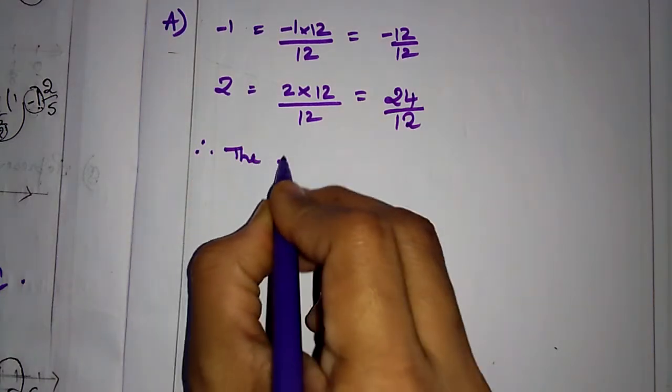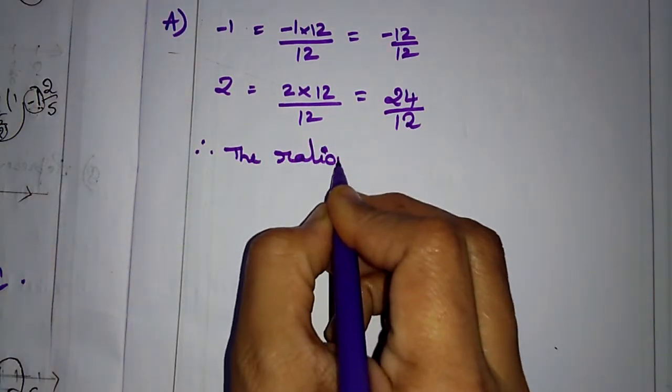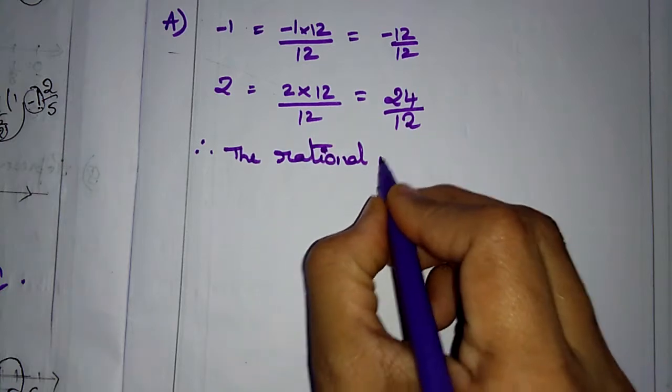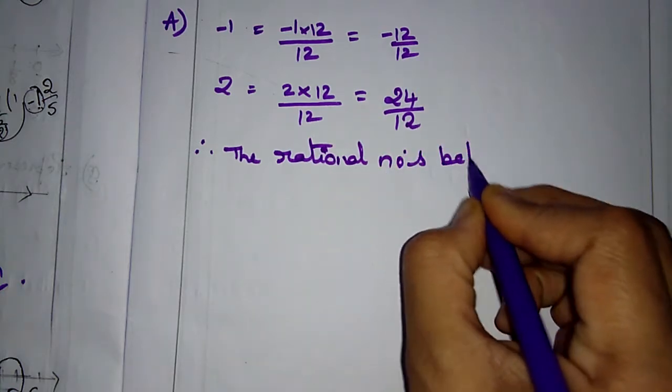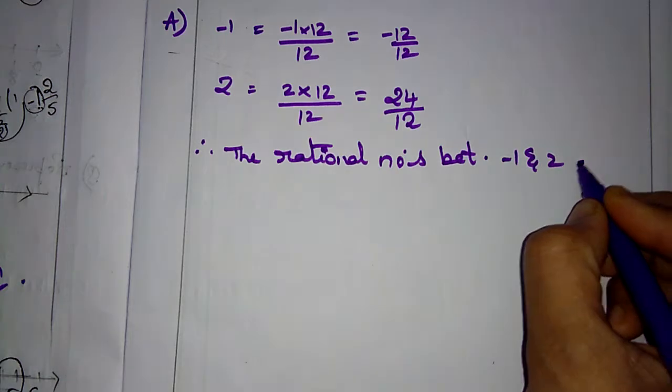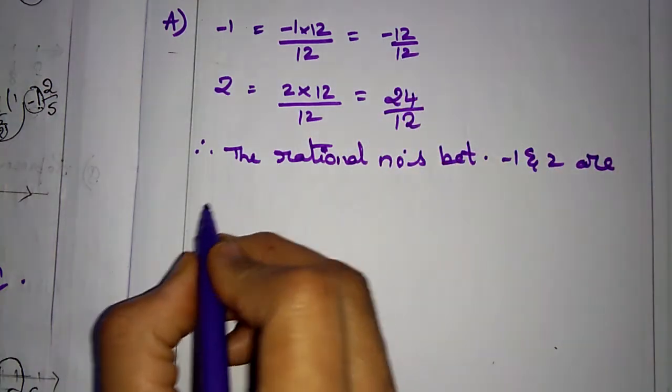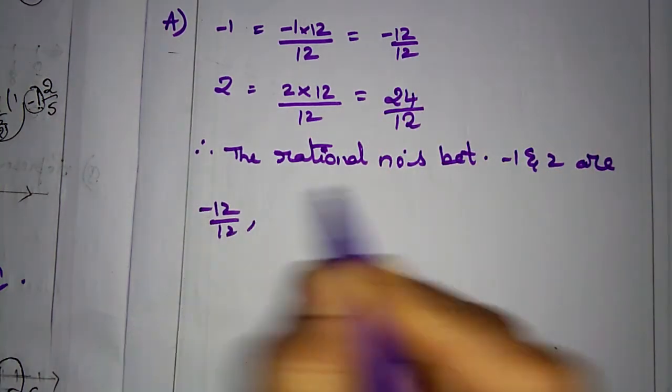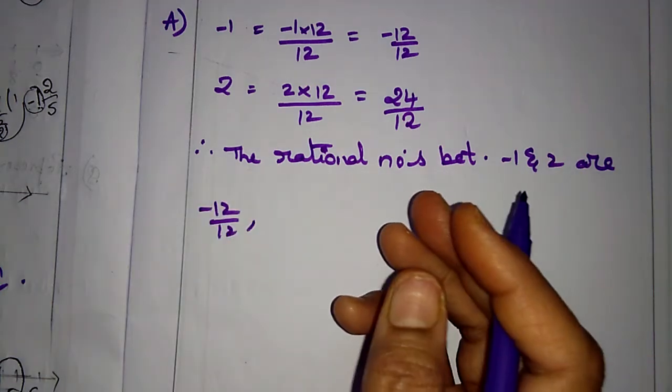Therefore the rational numbers between -1 and 2 are, now start from this -12 by 12. Before that, on the number line, what is there before?